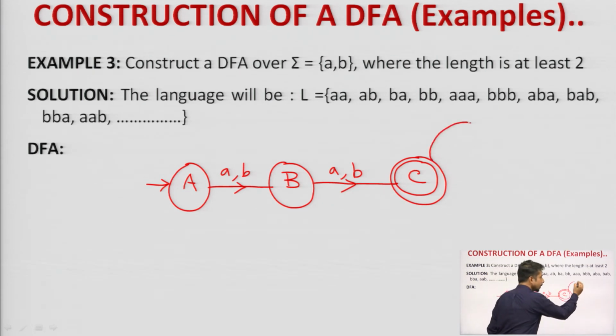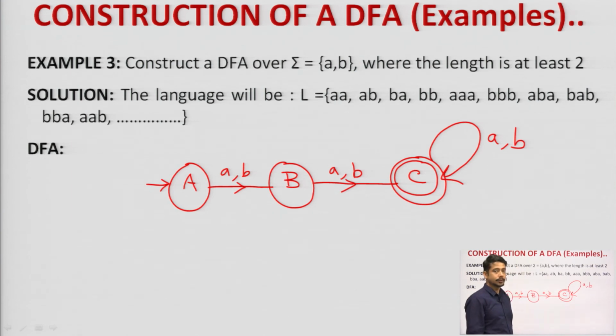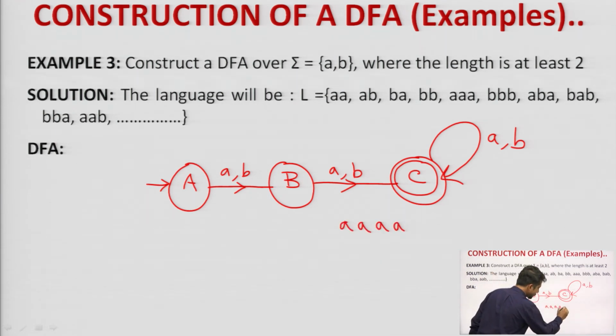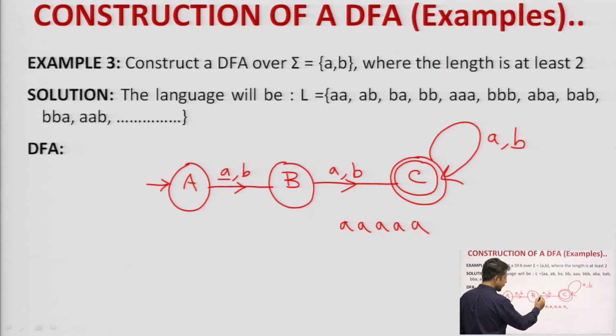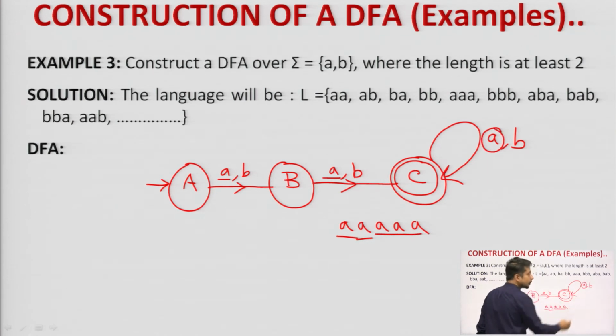What I can do? I will take a self loop, and I can take A and B as a transition. Now, what this means is that till here it is A. Suppose I need to find 5 times A. First A, second A I will be getting from here only. From these 3 A's I will be taking from the self loop.